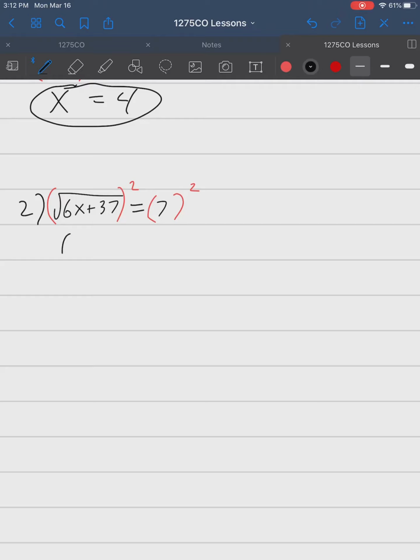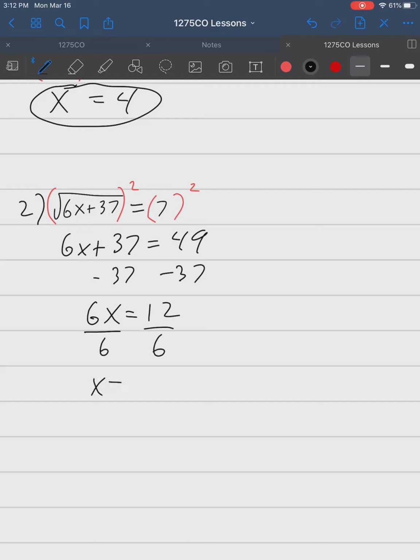Whenever you square this radical, the result is simply just whatever the radicand is, in this case, 6x plus 37. The other side, 7 to the second power, is equal to 49. So 6x plus 37 equals 49 should be an equation that is fairly simple to solve. You should be able to solve this without much problems, right? 49 minus 37 is equal to 12. Divide by 6 on both sides, and x is equal to 2.